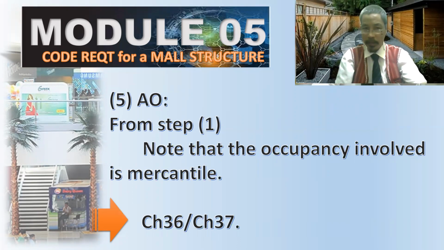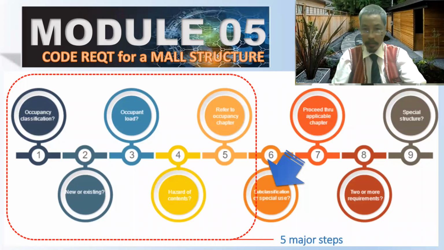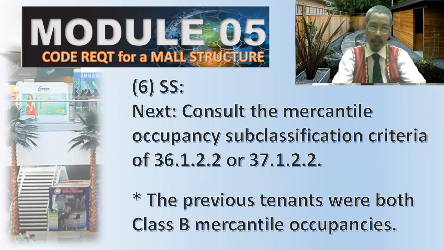So step 5 is the applicable occupancy. From step 1, we know that we are going to use both the existing and new occupancy. So mercantile, chapter 36 and chapter 37. Our next step is sub-classification. Again, our special use or sub-classification.